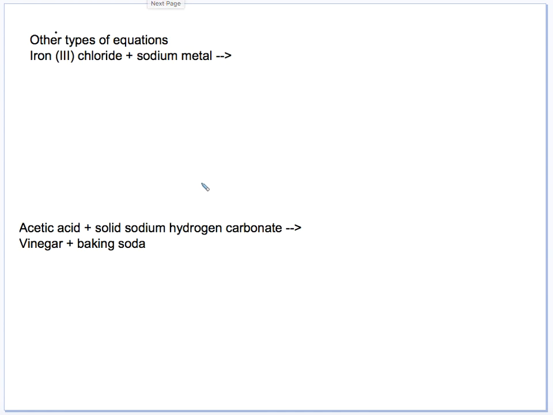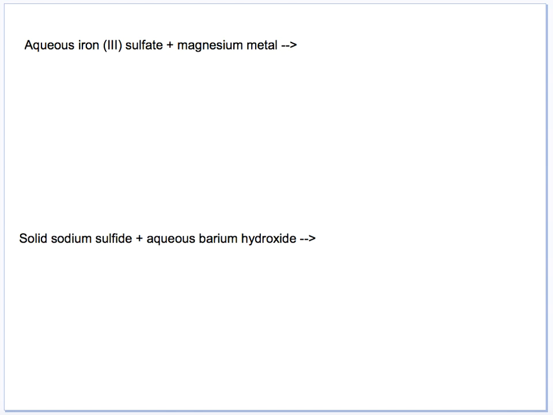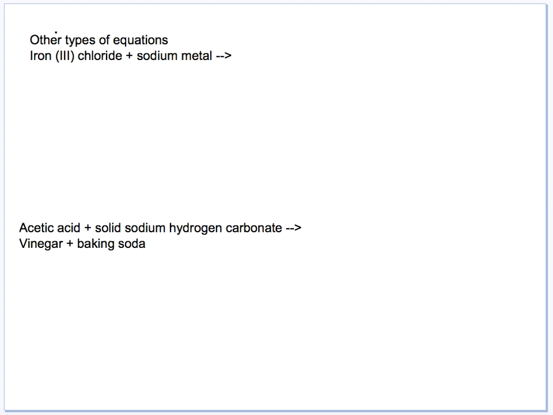All right, there's a couple other types that we can do. Let's start with iron 3 chloride with sodium metal. We'll write the equation here. This one's not an acid-base one. So we have FeCl3 plus sodium metal.